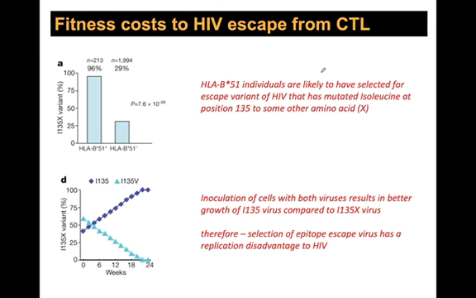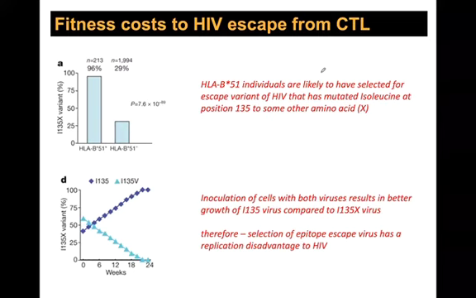And we know this from associations with people who are resistant to HIV infection or have lower viremia, have particular MHC, that if the virus mutates that epitope, there's a big fitness cost, and so those people are typically resistant.